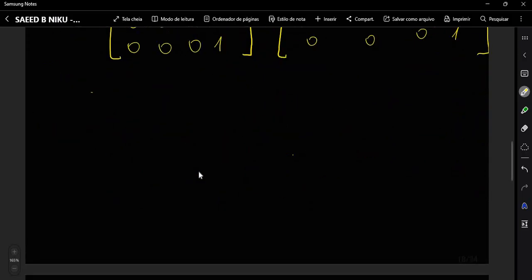And after this operation, we are able to find the final localization of our reference system, of our referential. This matrix represents the localization of the referential.